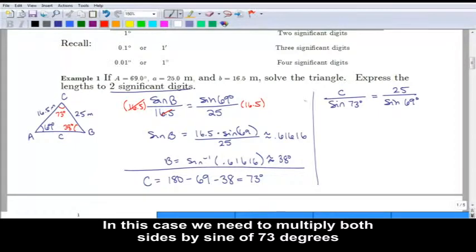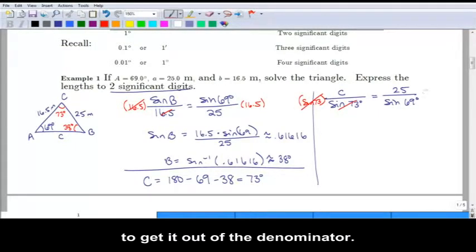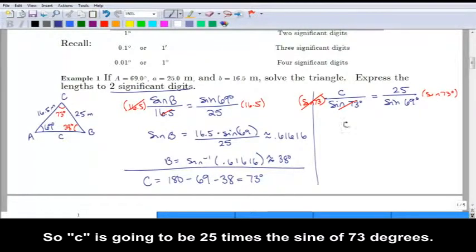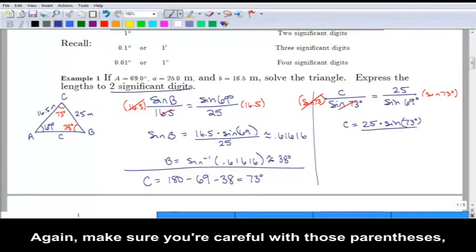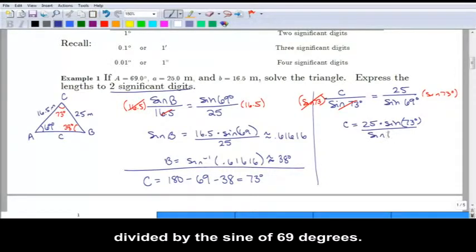In this case, we need to multiply both sides by sine of 73 degrees to get it out of the denominator. So C is going to be 25 times the sine of 73 degrees. Again, make sure you're careful with those parentheses. Divided by the sine of 69 degrees.